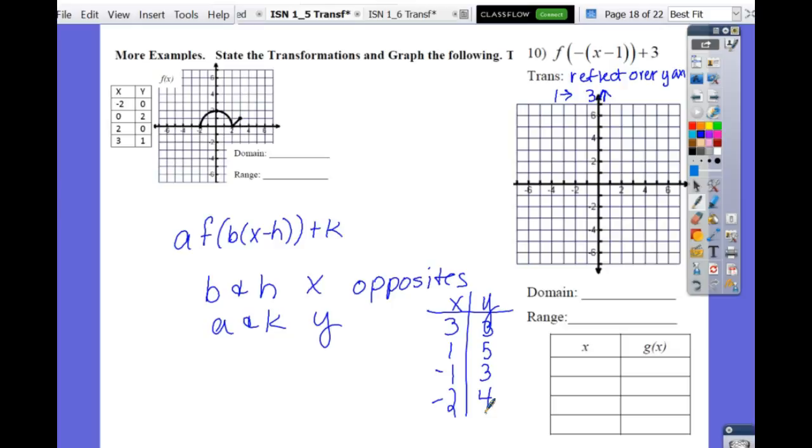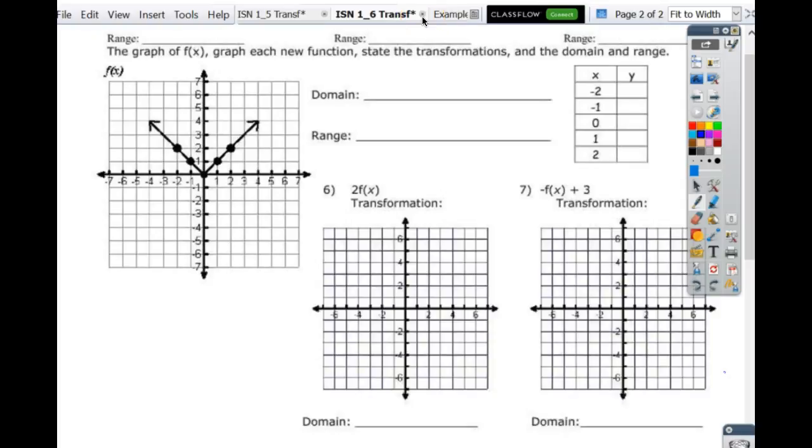Inside the parentheses is x's, outside the parentheses is y. So now go to the stapled pink one, and go to the second page.